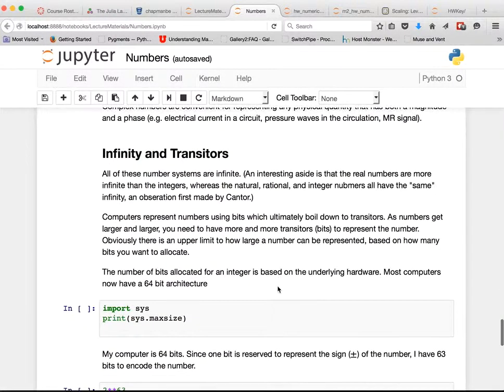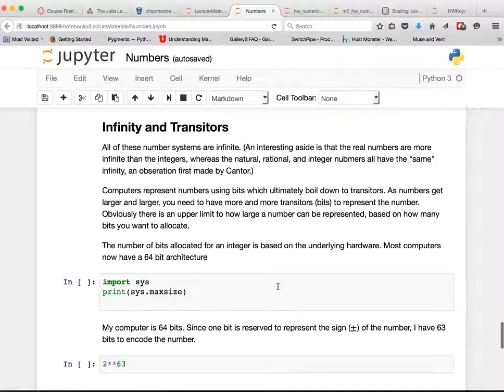The next idea that becomes important in programming is that while the sets of natural numbers, integers, and real numbers are infinite, we can't represent infinite numbers in a computer. That's because we have to allocate bits, which are essentially transistors in the computer, each representing a single digit in a binary system, to represent parts of the number.